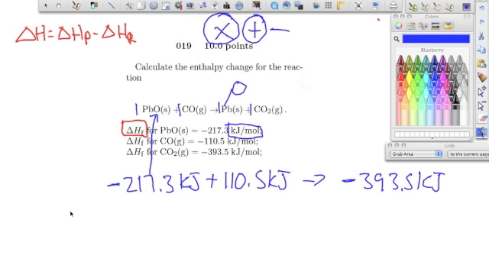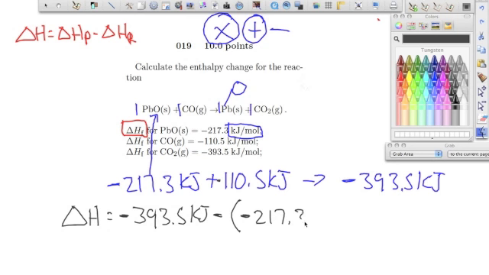So what we're going to end up with is our change in enthalpy, delta H, is going to equal our products, which is negative 393.5 kilojoules, minus, and remember that that's negative as well, forgot to write that, minus our negative 217.3 plus negative 110.5 kilojoules. Now, realize that when we add these together, we're going to get a negative number.